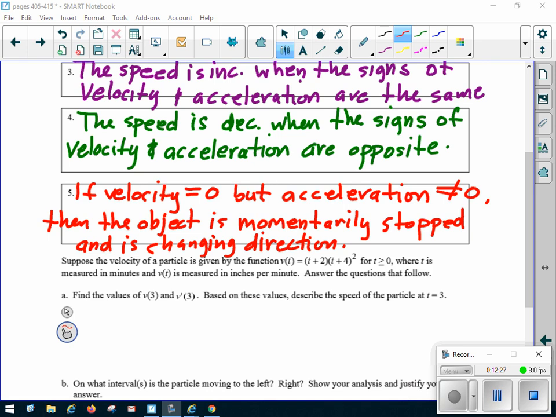Now, let's go to the second one. Going too fast is not good, so you put on your brakes. You now accelerate in the opposite direction. So I'm moving forward too fast, so my acceleration is going to push. It's going to push me backwards. I'm still going forward, but I'm doing what? Going forward slower.